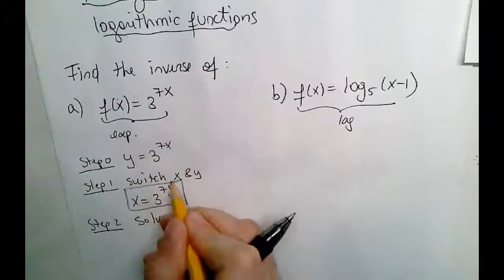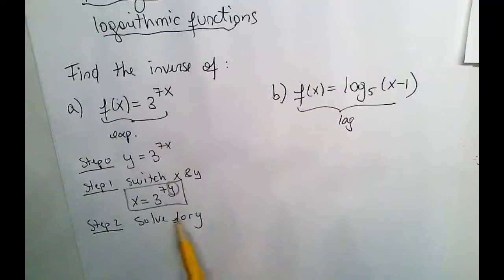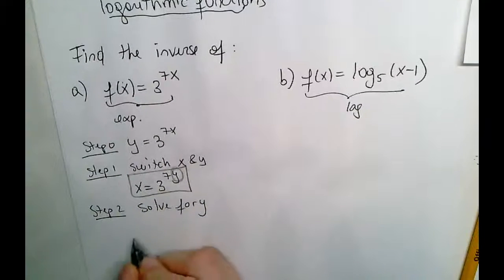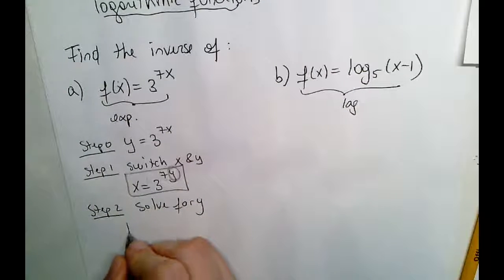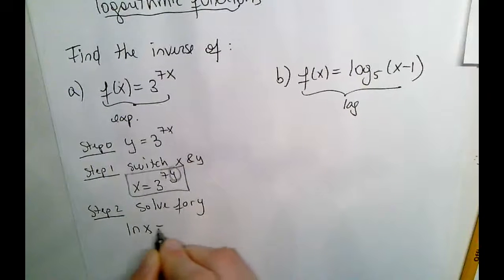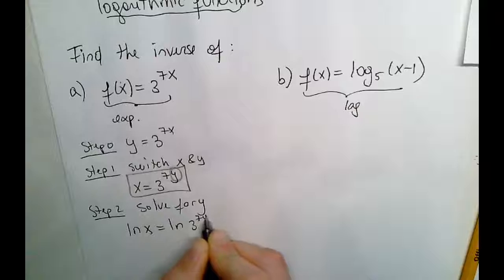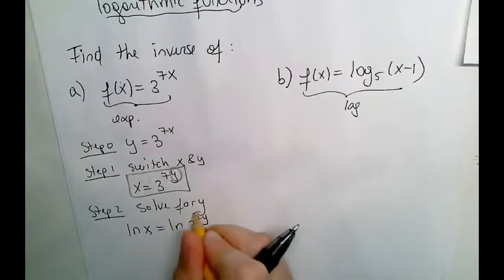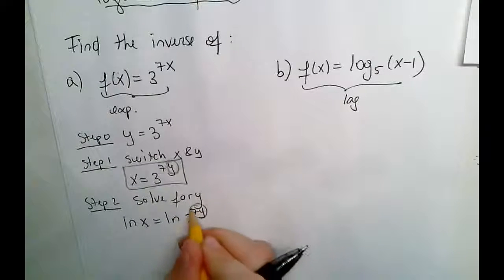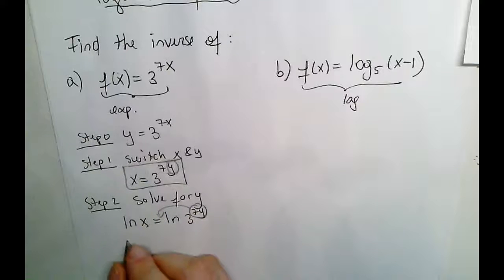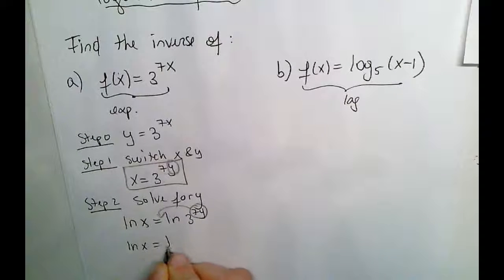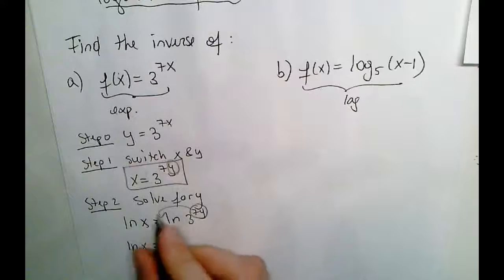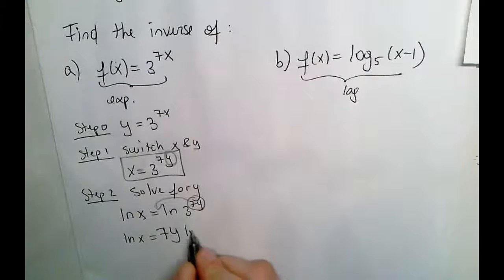Okay, so I need to solve for this exponent. Who's going to allow me to bring the whole exponent down? Well, if I take the log of both sides. So let's take natural log of both sides. This is going to allow me to bring the exponent down in front, 7y times ln of 3.